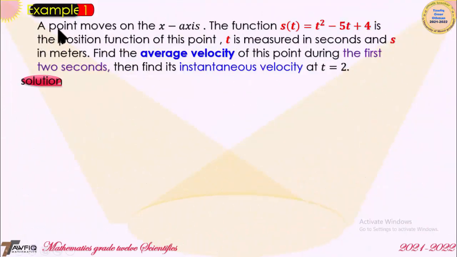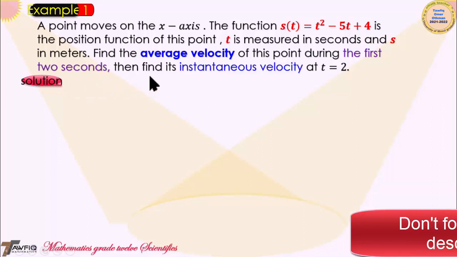A point moves on the x-axis. The function s(t) = t² - 5t + 4 is the position function of the point. t is measured in seconds and s in meters. Find the average velocity of this point during the first 2 seconds.